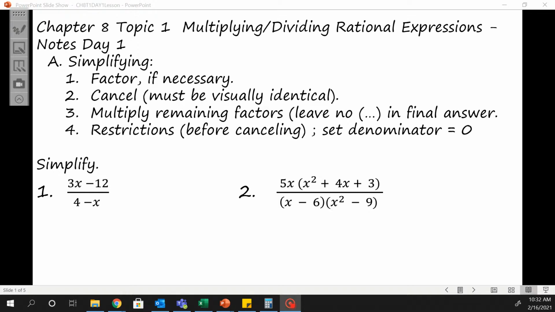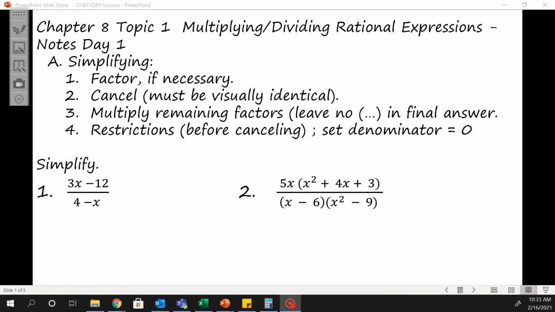Okay, so if we're simplifying, the first thing we do is factor, if necessary. Then we cancel out any factors that occur in the numerator and denominator. After we've eliminated factors, we don't want any factors in our final expression, so we multiply the remaining factors back together.